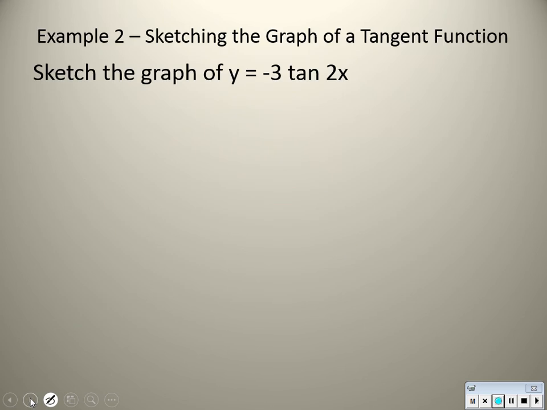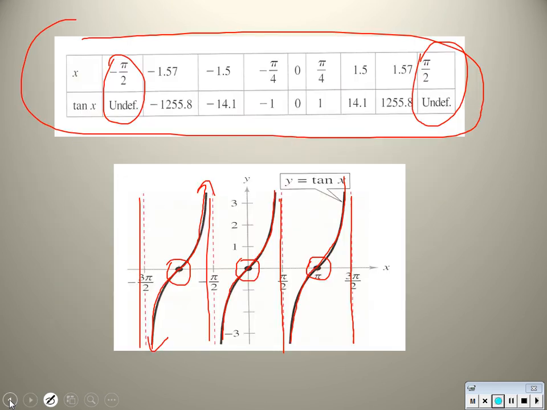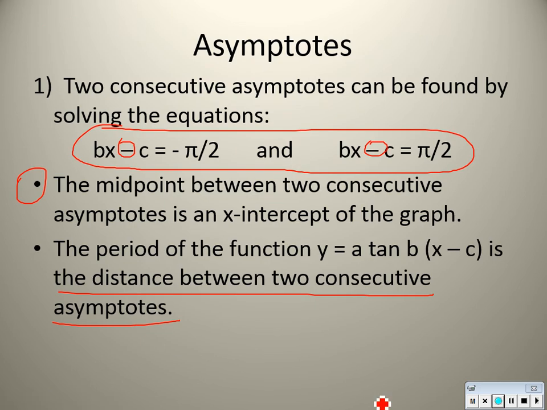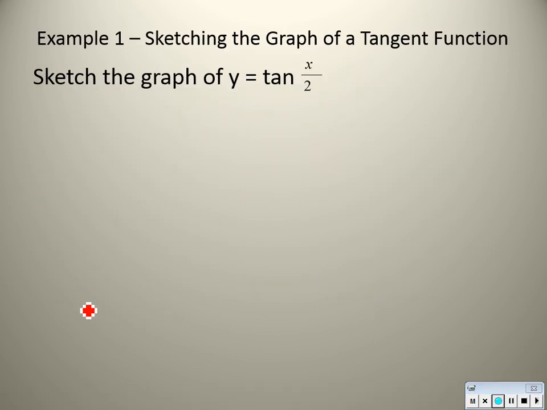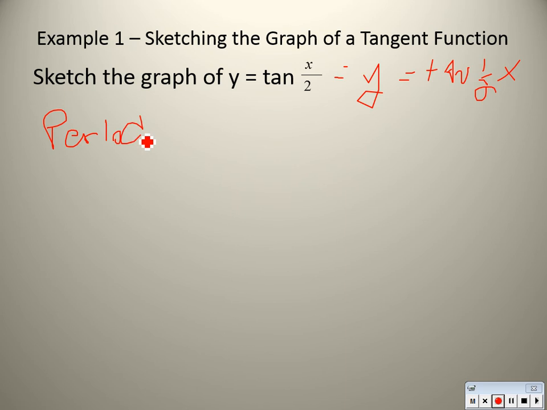With this first example, we have: sketch the graph of y equals the tangent of x over 2. As far as the b value here, I can rewrite this equation as y equals the tangent of 1/2 x. That gives me a b value of 1/2. For the period, I'm going to divide pi by b.